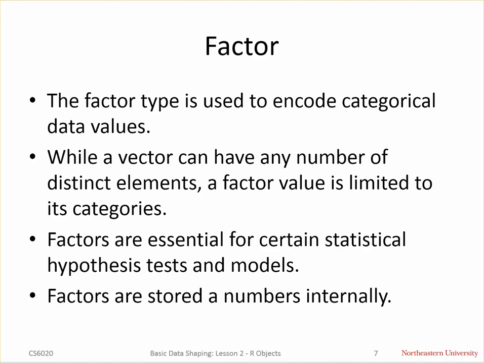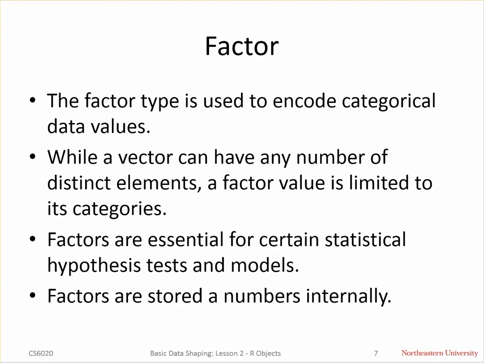Now, while a vector can have any number of distinct elements, a factor variable would be limited to its categories. So if you set up a factor with the categories fall, winter, and summer, then any variable could only take on those values. You couldn't take anything outside. It's almost like a restricted list of values.